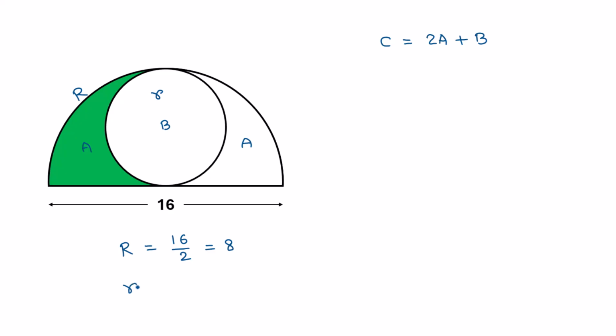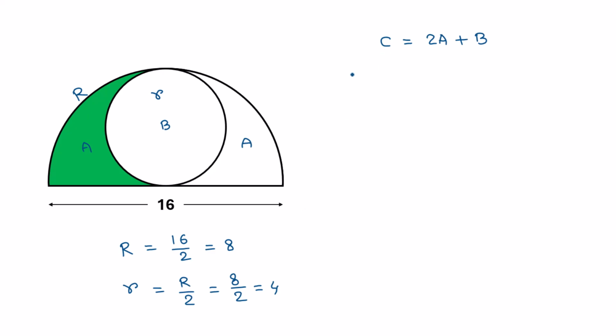So the radius of the small circle will be R over 2. That means R is equal to 8, so 8 divided by 2 is equal to 4 units.